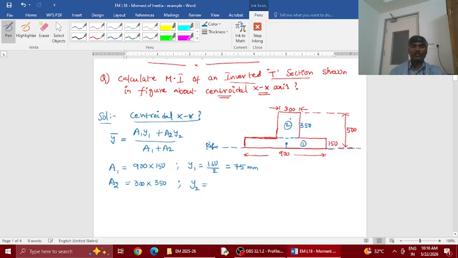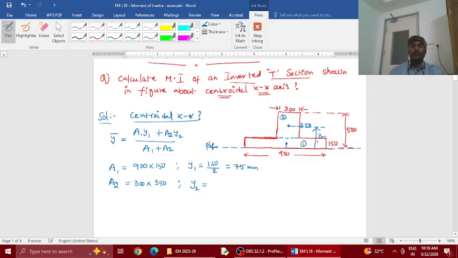The centroid of this second figure from the reference line: this distance is y2.